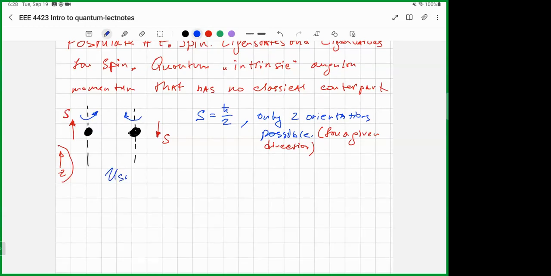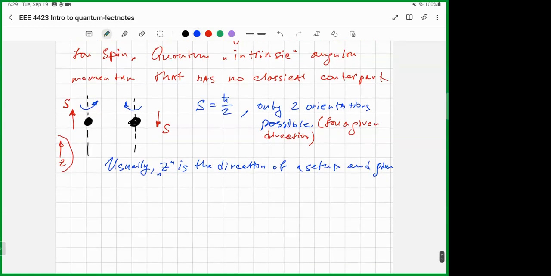And yeah, also let's write this down. Usually this z direction, this direction of orientation, is a direction of the setup, and it is given.